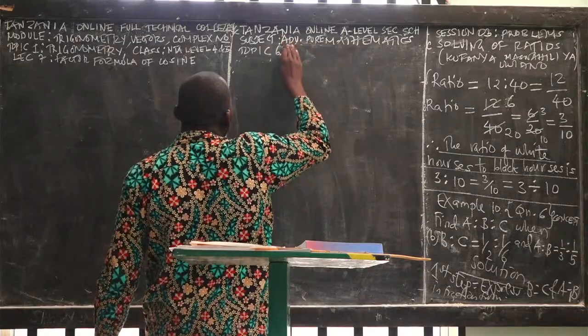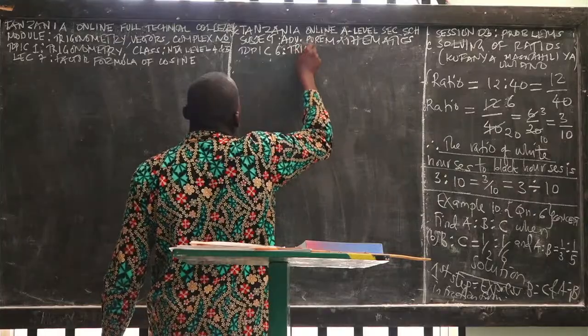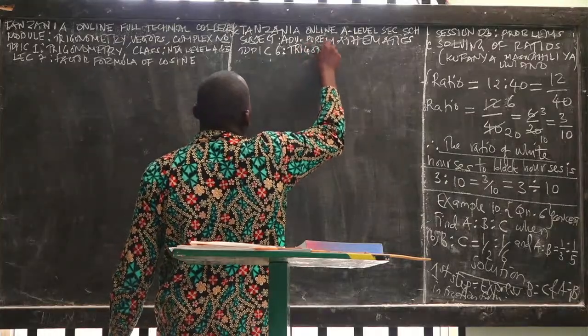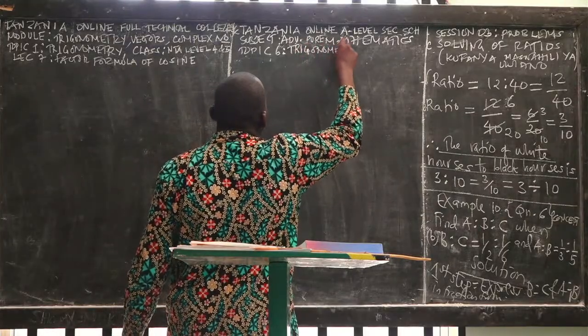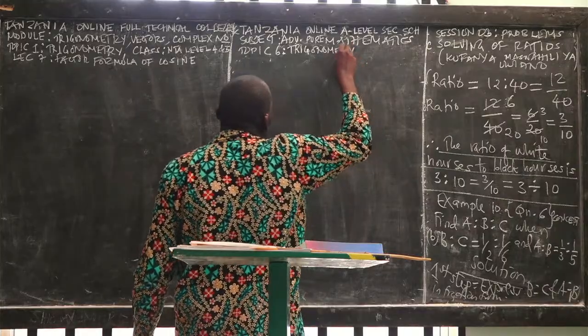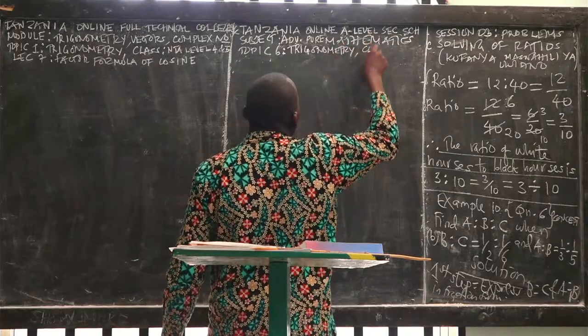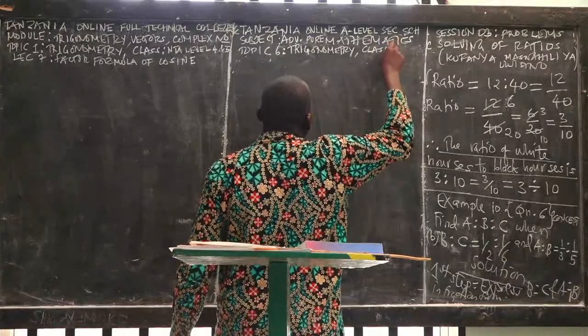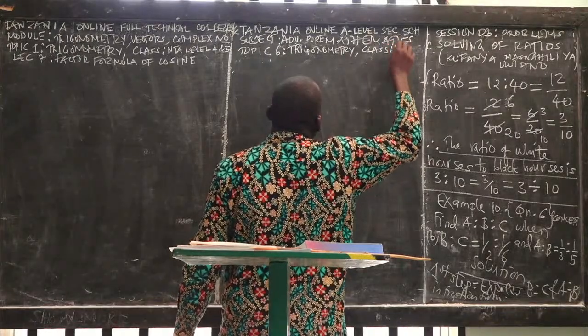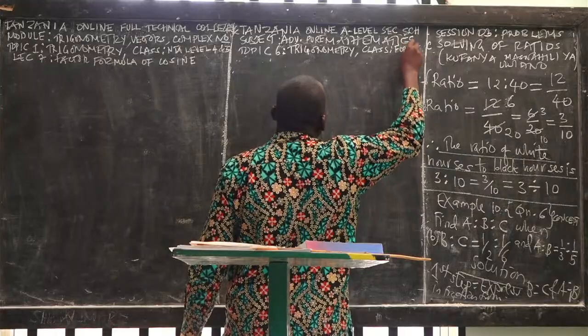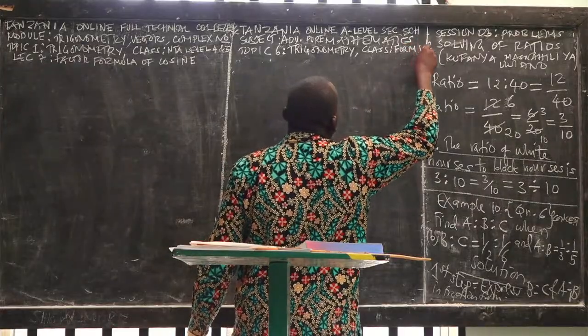So chapter 6 is called trigonometry. And class, this is for pre-Form 5 and Form 5, of which combination? Form 5 of PCM.